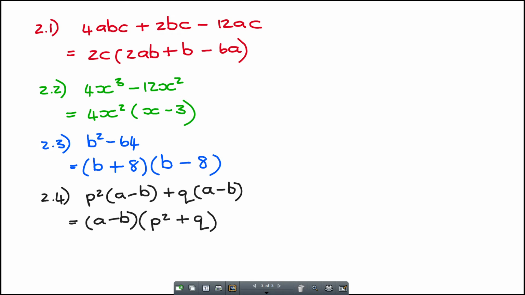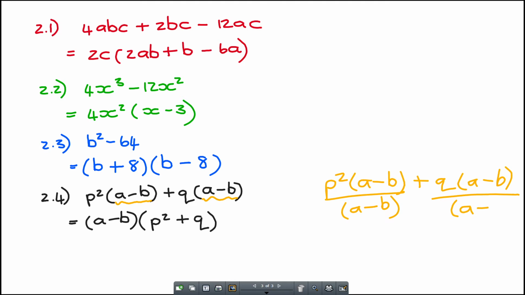Okay, what I wanted you to see, first things first, how many terms are there? 2. No? Okay, and each term has got this bracket, which looks exactly the same. So I take that out as a common factor. Now, remember we said what we basically do is we put each term over the common factor.